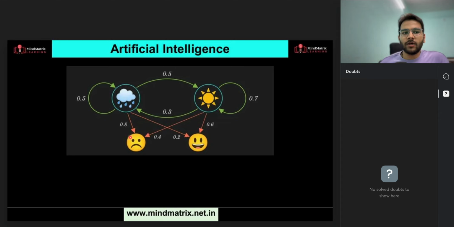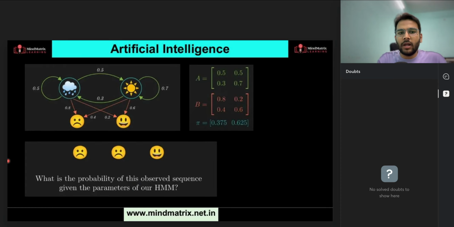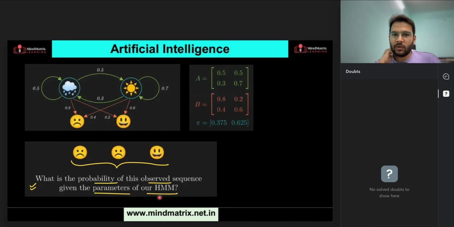These are the observed states and these are the hidden states. Now the question simply says, what is the probability of this particular observed sequence given the parameters of our HMM? Understood the question, everyone?